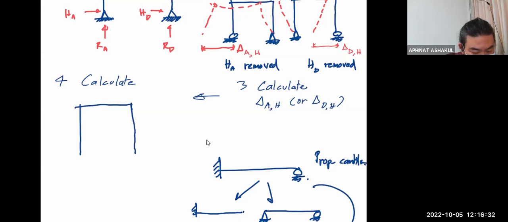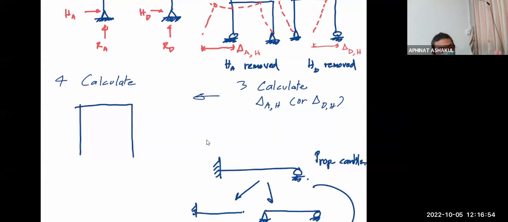Now remember one more thing. When things get complicated, you must get your basics right. You remove HA in the first case or HD. When you remove HA, you will have to deal with horizontal displacement at A. Nothing else.